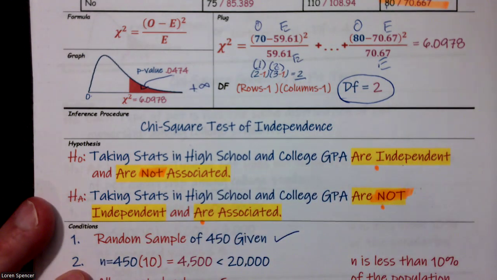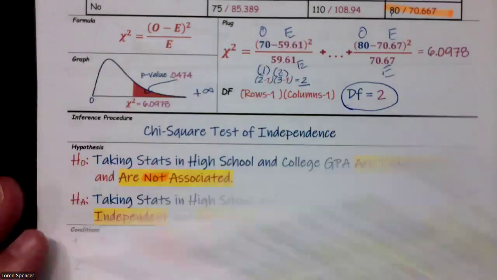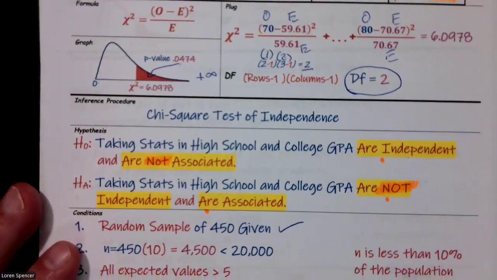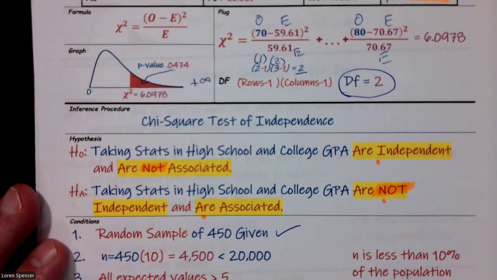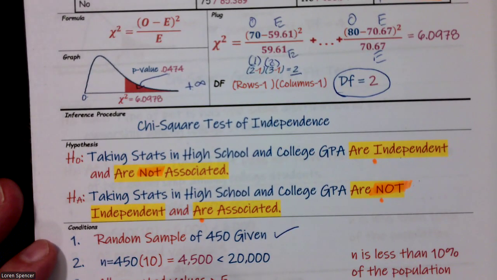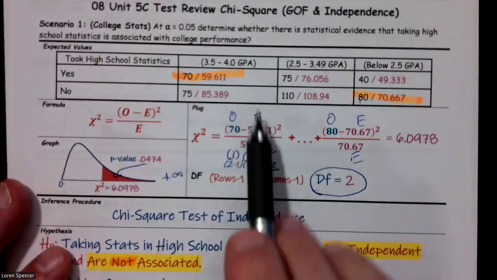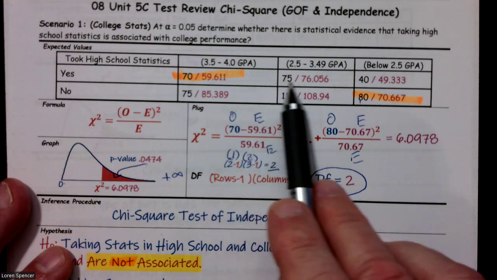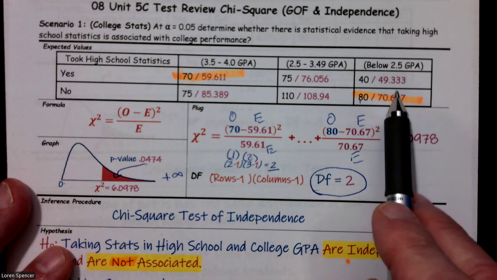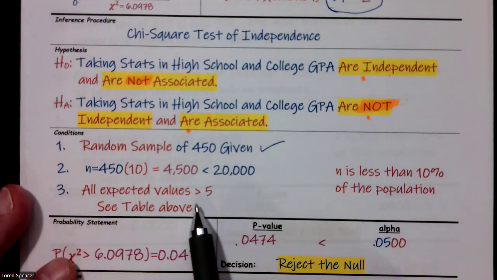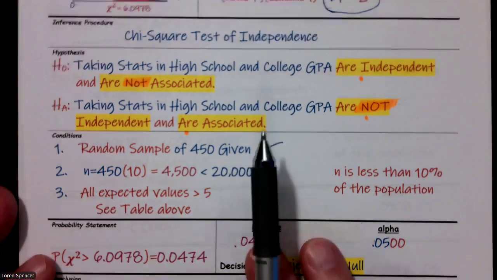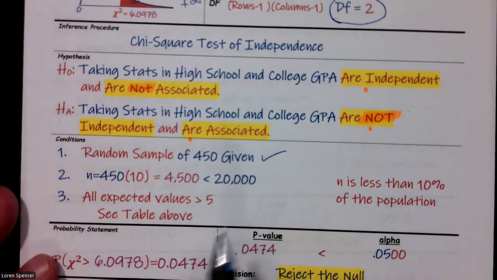So n is less than 10% of the population. The next thing, all expected values must be greater than 5. When we check up here, our smallest expected value is 49. So definitely all expected values are greater than 5, and our sample is large enough.